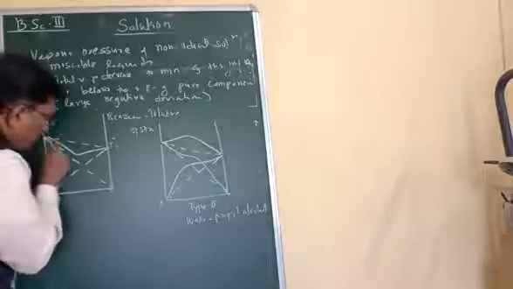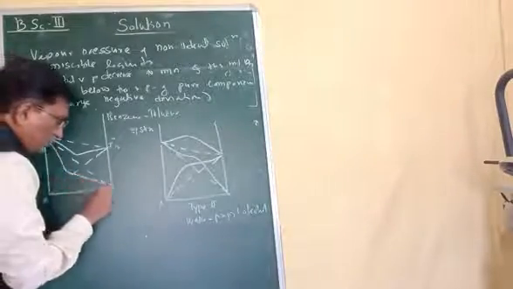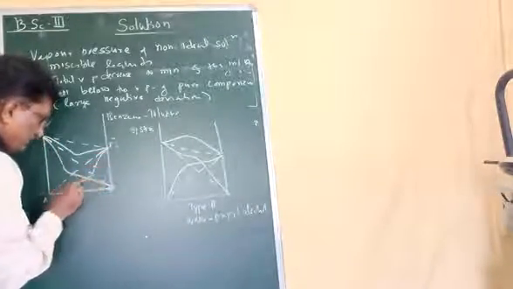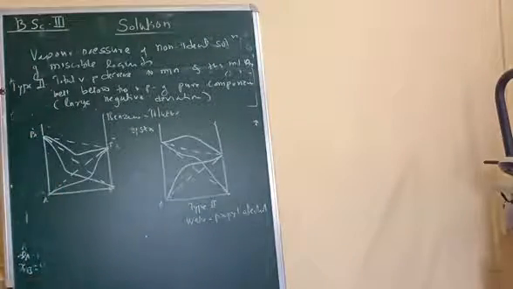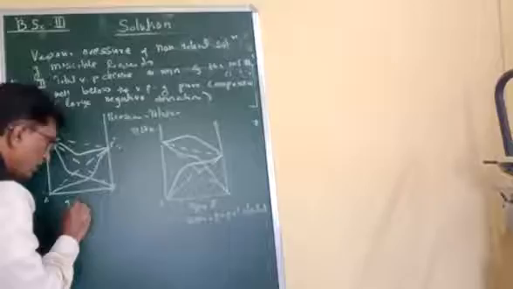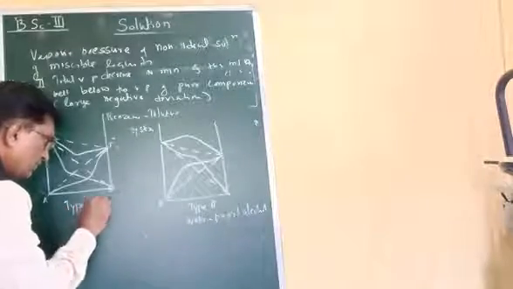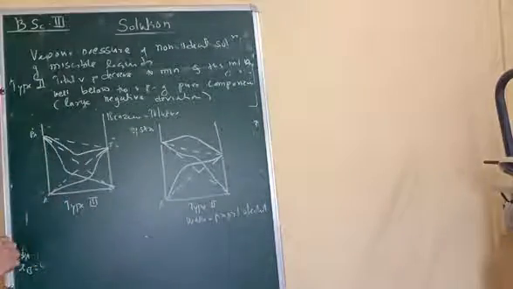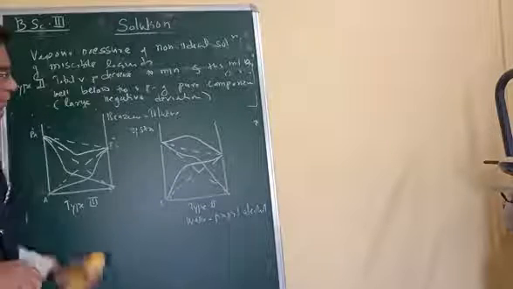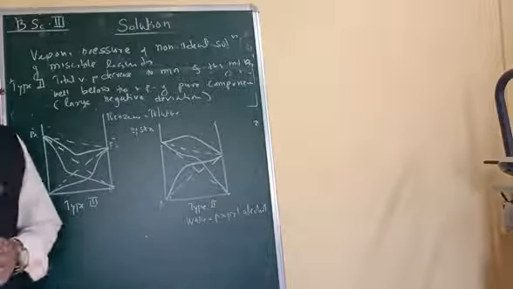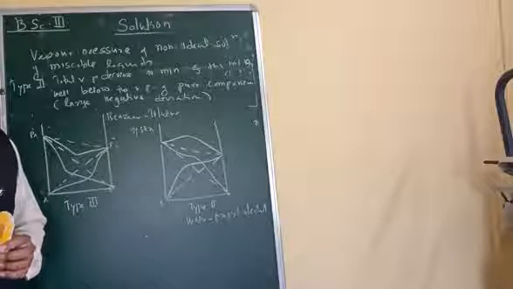And partial vapor pressure also shows large negative deviation, and this is the behavior of non-ideal solution of type 3. The continuous line represents the non-ideal behavior of total pressure and partial pressures.